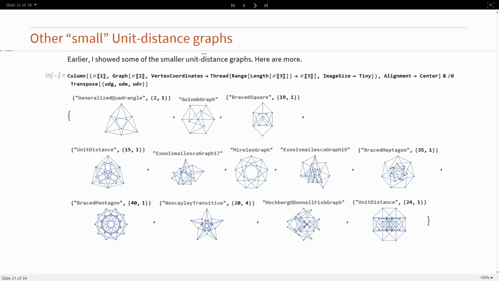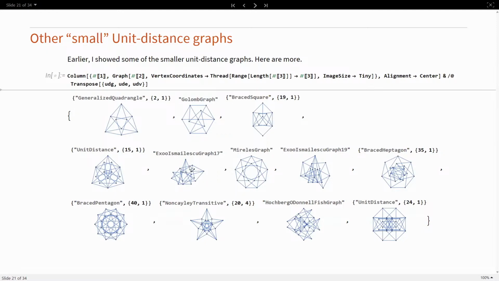Here's a few other small unit distance graphs. Generalized quadrangle. I'm not sure of an easy way of describing generalized polygons, but they're very handy in both graphs and in other fields. We just showed the Golomb graph and the braced square.